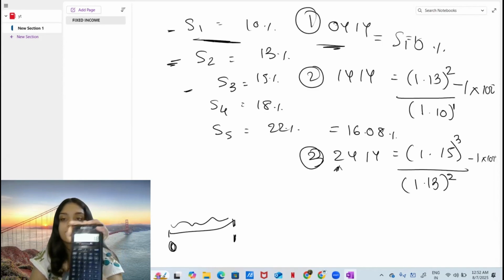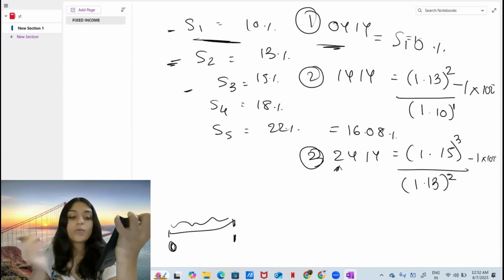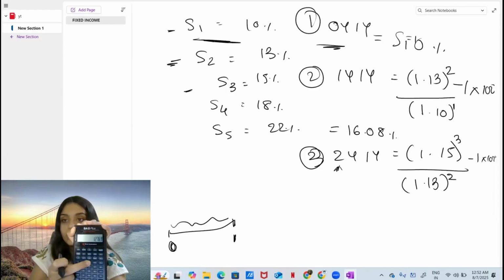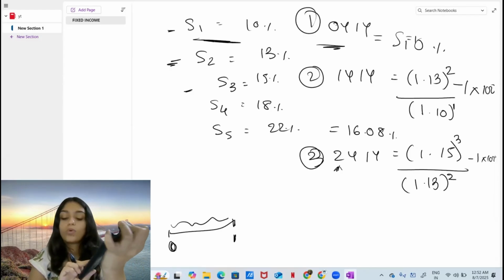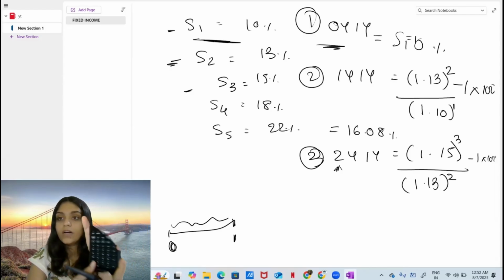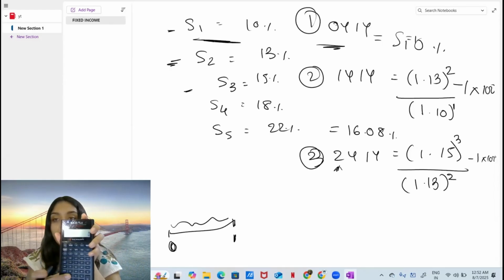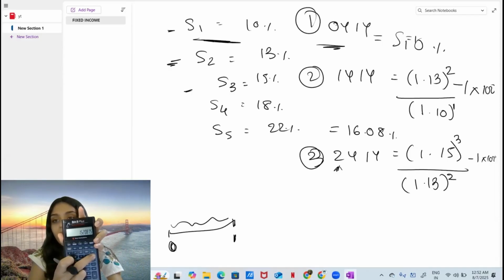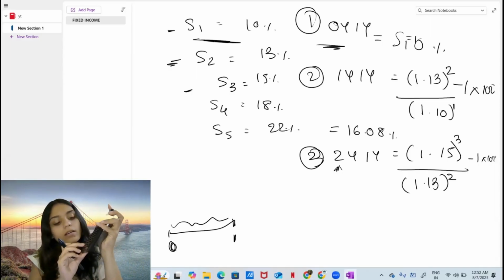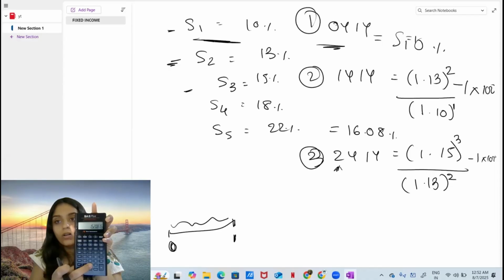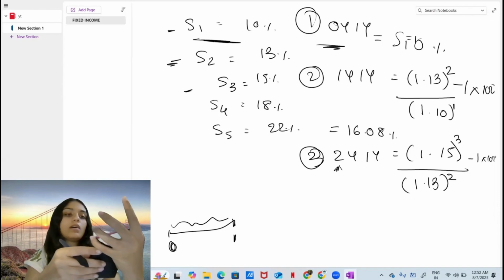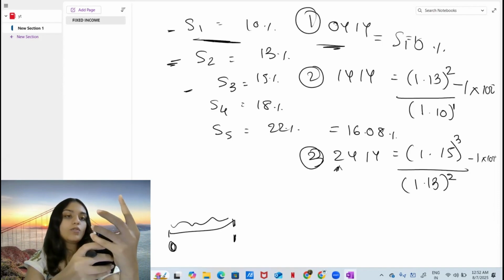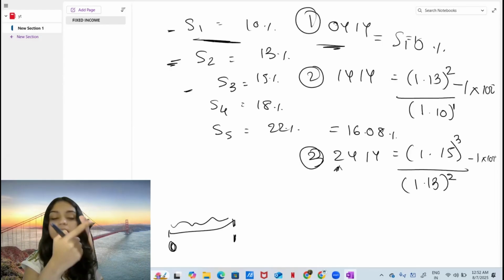Then 1.13 raised to 2 means what? Square. So x square is equal to this number. That will be your storage 2. Clear work. Then recall 1 divided by recall 2 is equal to some number, minus 1 into 100. That is 19.10.